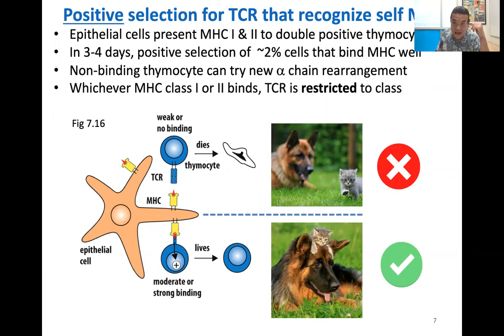That means the other 98% of those thymocytes that went through that whole process of being encouraged to become a thymocyte and doing VDJ recombination to make a T cell receptor, right? They're garbage because their T cell receptors don't bind to MHC. And if they don't bind to MHC, they're never going to be able to work as a T cell, right? Another example of how crazy inefficient our adaptive immune system is. But why did we evolve to do it this way? Because we have no other choice, right?